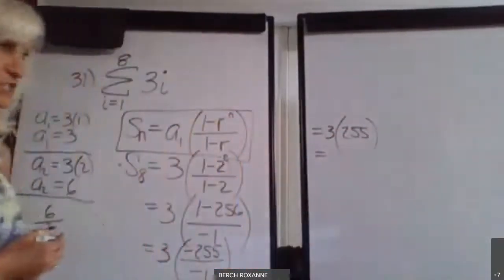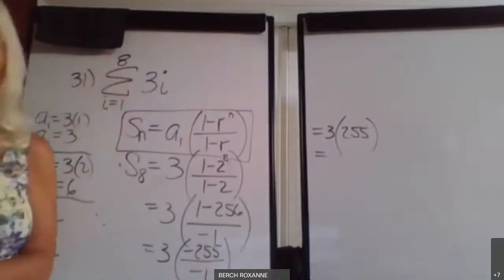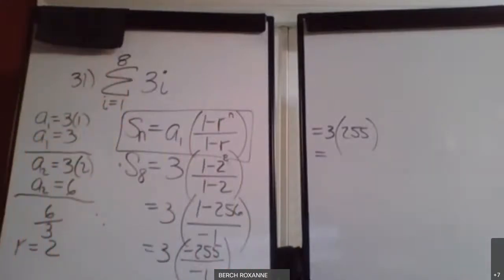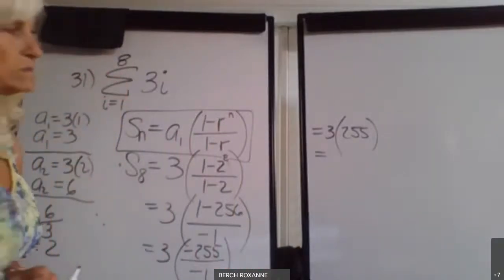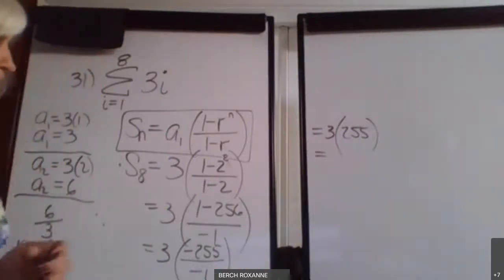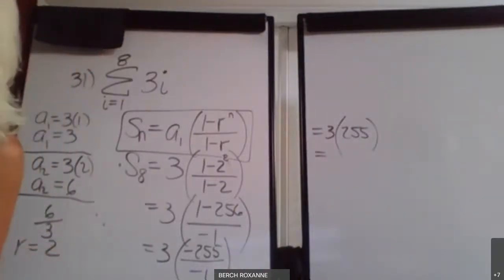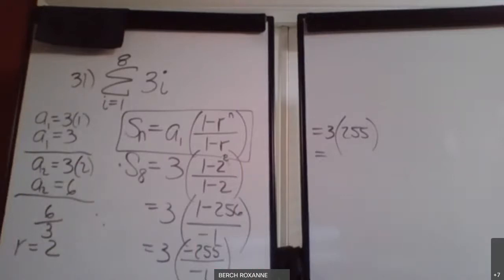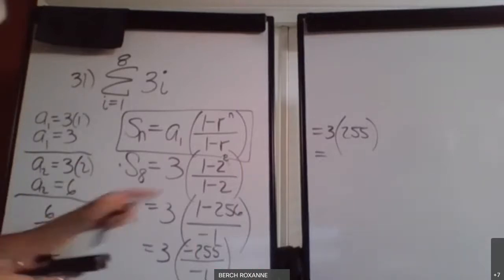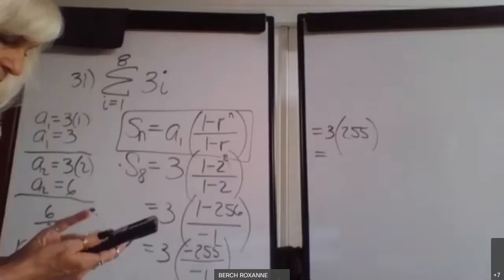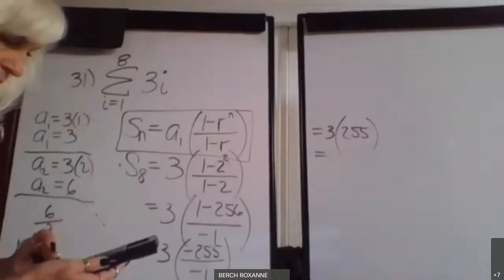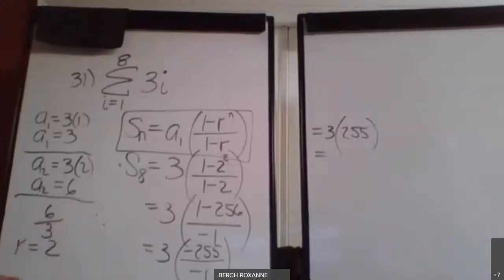So what is your answer for the sum of those 8 terms? 765. That's not right. So let's check it again. What's 2 to the 8th? 256. So what's going on?